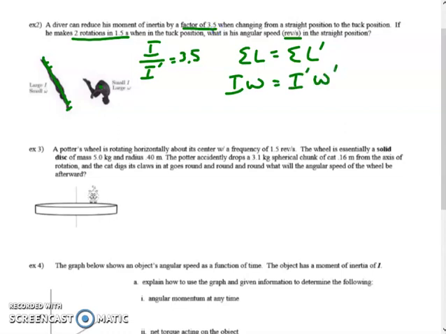Okay, so there is no MVR here because we don't have an object moving linearly colliding off center, so to speak. So this is pretty straightforward. So I can say omega prime, our new omega, over our original omega, which is really what we're interested in, is going to be equal to I over I prime, which we already established is 3.5.